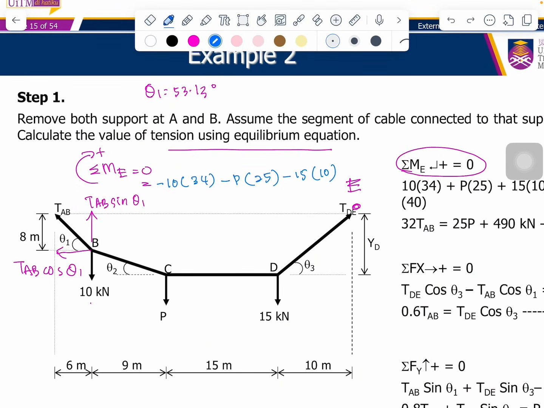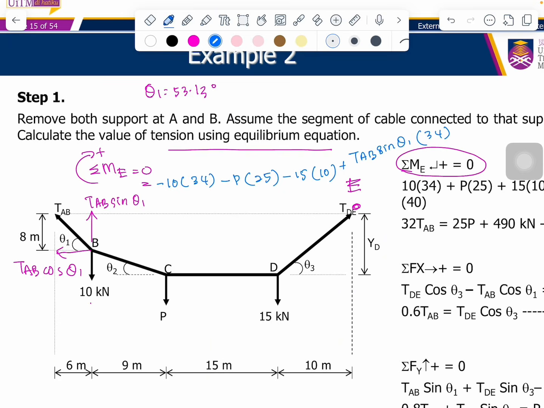TAB is going up, so this internal force rotates in the clockwise direction about E. So plus TAB sine theta 1 times the distance from B to E, which is 10 plus 15 plus 9, or 34.